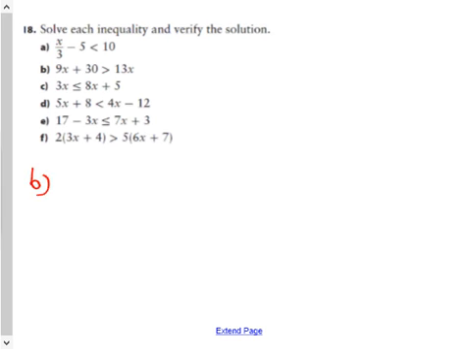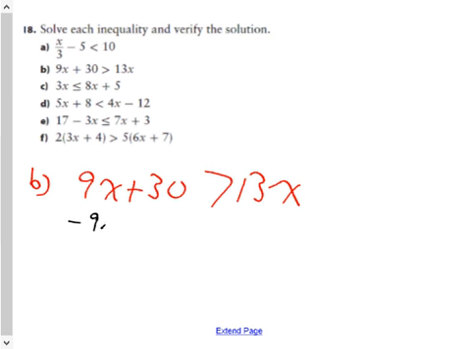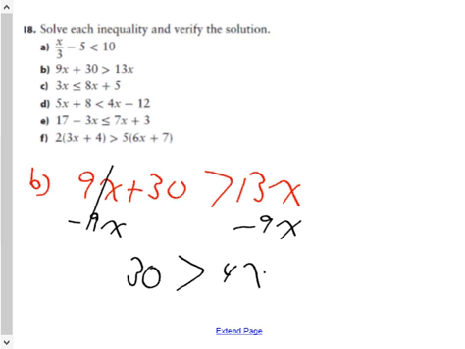9x plus 30 is greater than 13x. So when we have variables on both sides, if there is only an expression with a variable, you don't want to get rid of that. You want to get rid of it on the side that has more than one term. So I'm going to subtract 9x from both sides. Algebraic zero pair. 30 is greater than 4x.